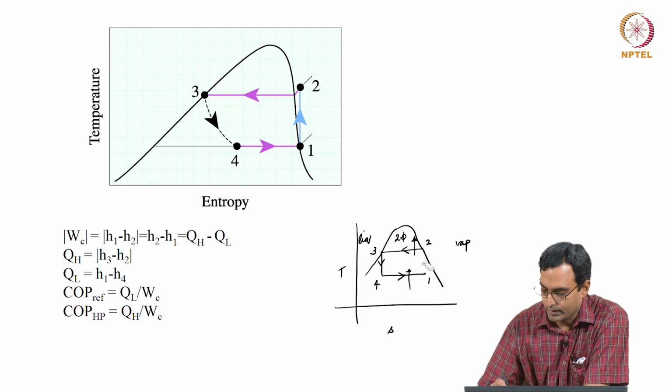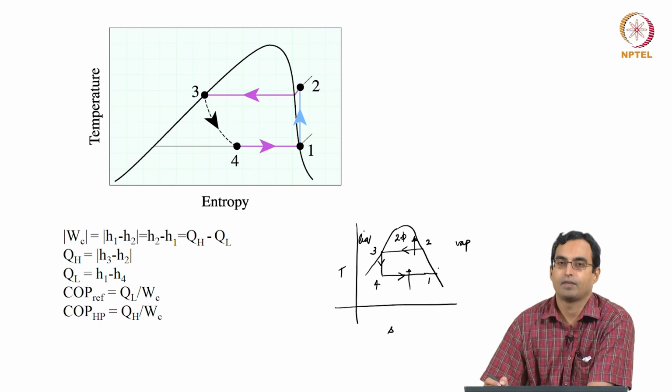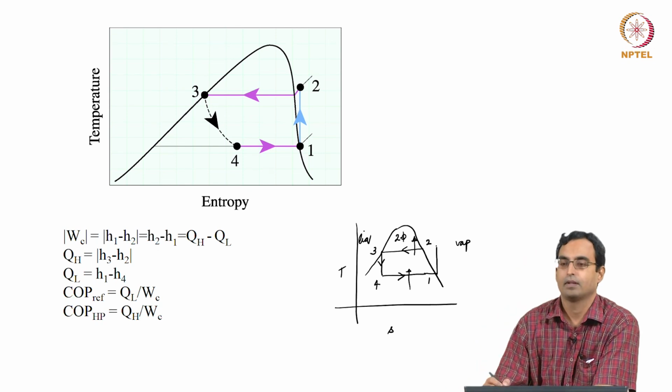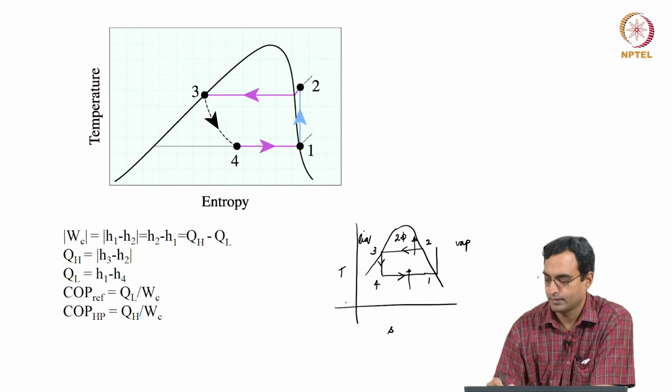So one way to do that is to essentially move this point 1 to the saturated vapor line and then compress from here. This will still be isentropic compression, so it will be a straight line parallel to the T-axis. We can compress like this.